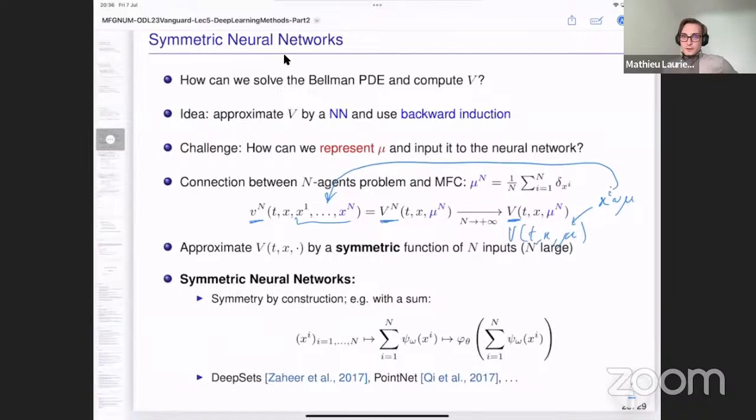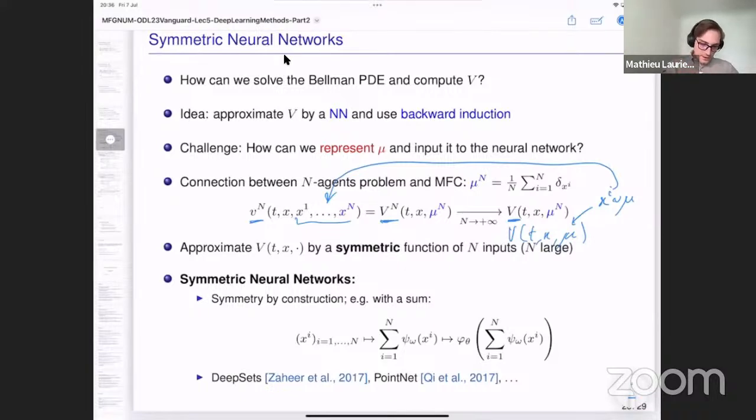I hope this clarifies how to use this neural network afterwards. But indeed, the size of the population is fixed. So if you want to use a larger population, you have to retrain the neural network, which is a limitation of this approach, but this is how it is constructed, at least as I explain it here. I hope this answers the question.